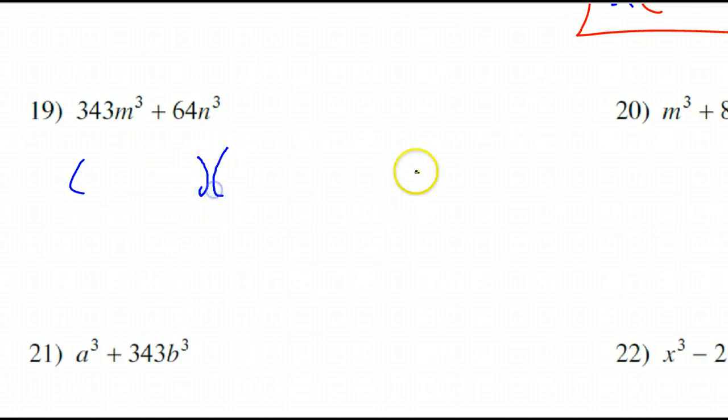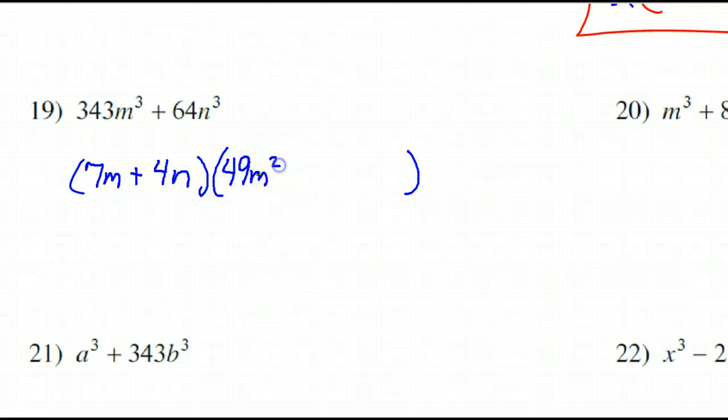The root of 343 is 7, so it'll be 7m. The root of 64 is 4, so that'll be 4n. So there's my binomial. If I square these, I'm going to get 49m squared at the beginning. If I square this, I feel like I'm going to need a little more space.